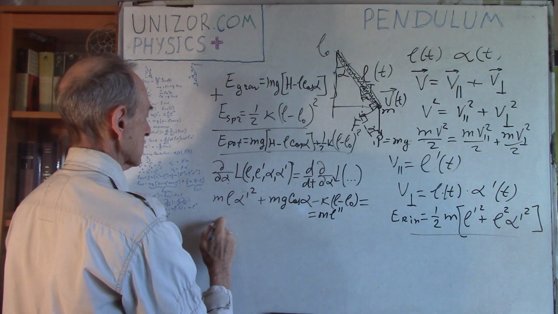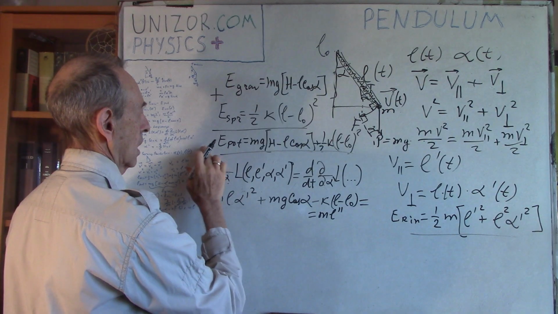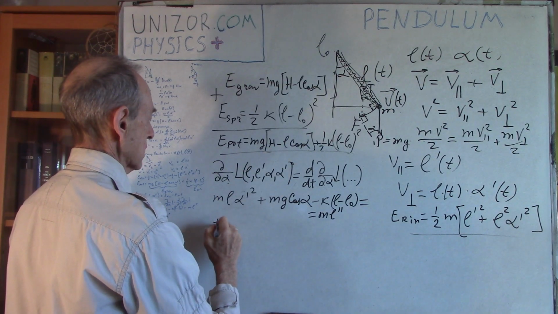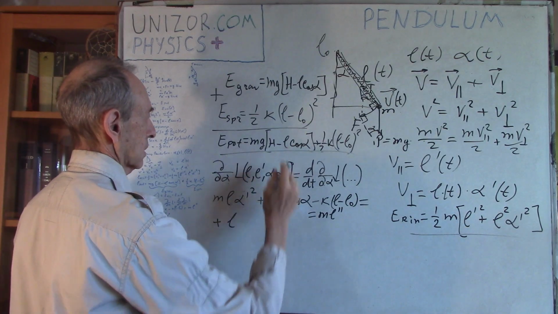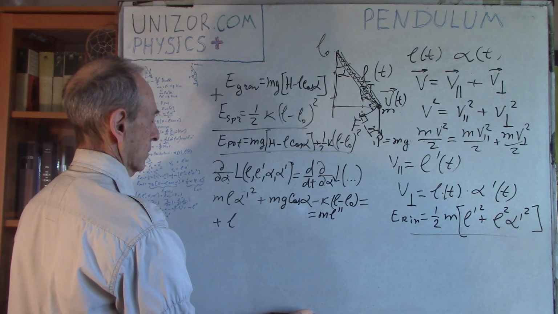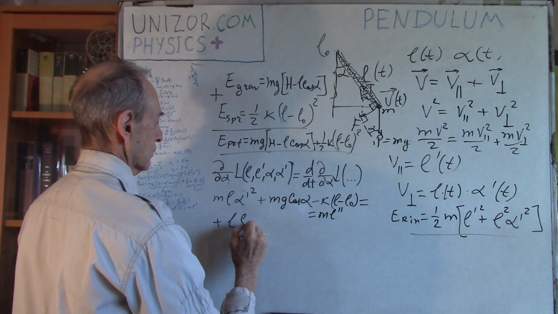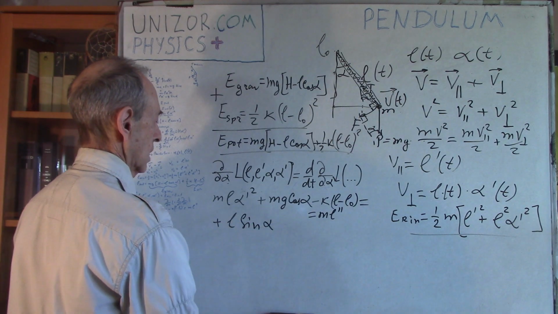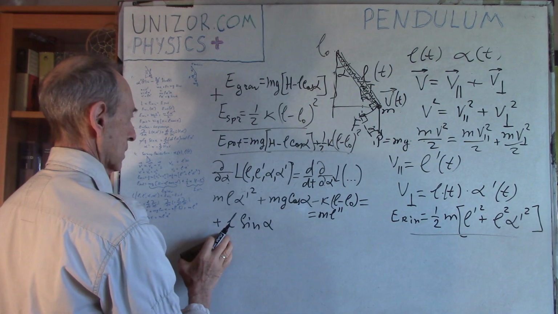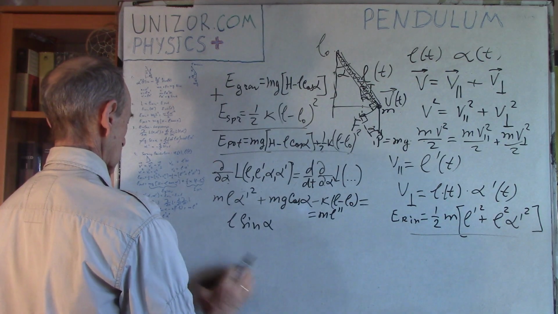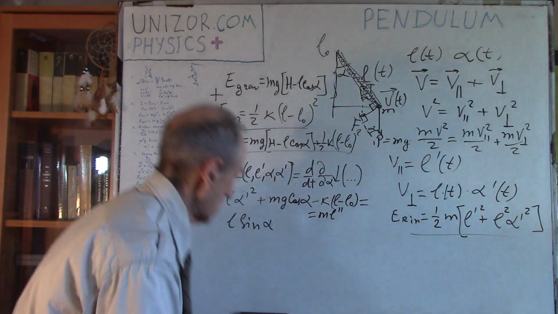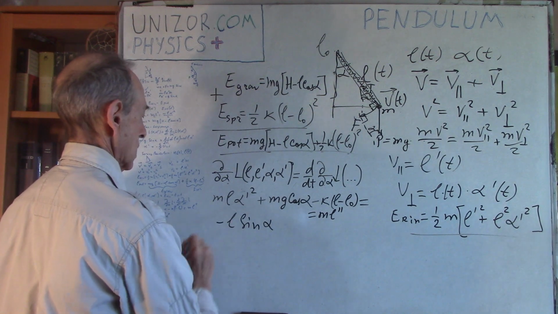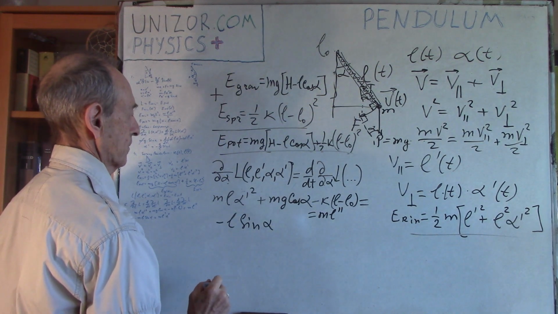Okay, so it's minus because it's minus potential. This minus gives me plus. Then it would be L, and derivative of cosine is minus sine, so it would be with a minus, I think. Yes, that would be on the left side. Okay.